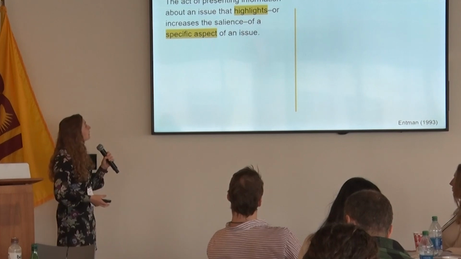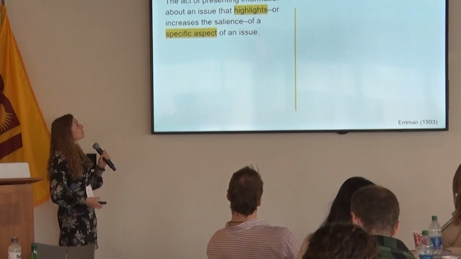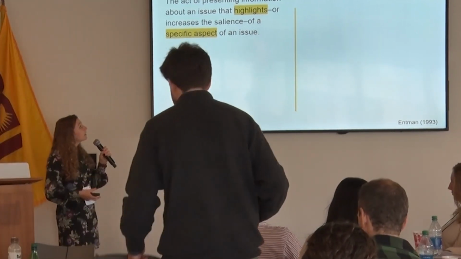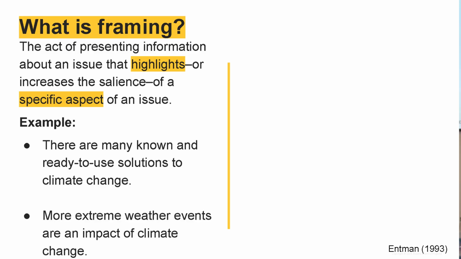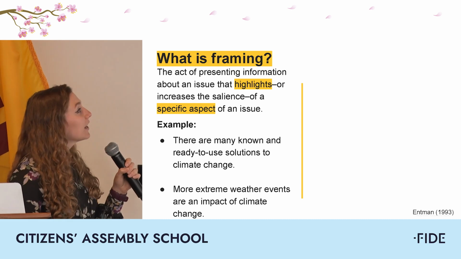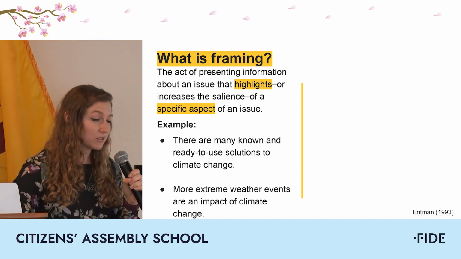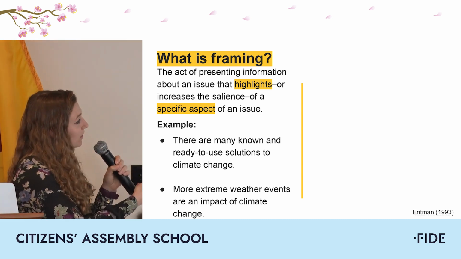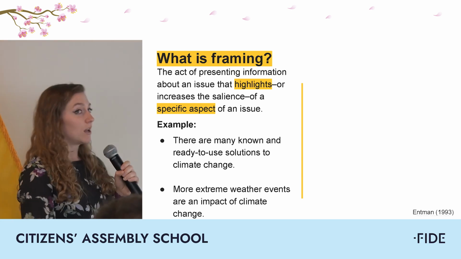So framing is the act of presenting information about an issue that highlights or increases the salience of a specific aspect of that issue. So here's a very basic but super useful example. First, there are many known and ready-to-use solutions to climate change. Second, more extreme weather events are an impact of climate change.